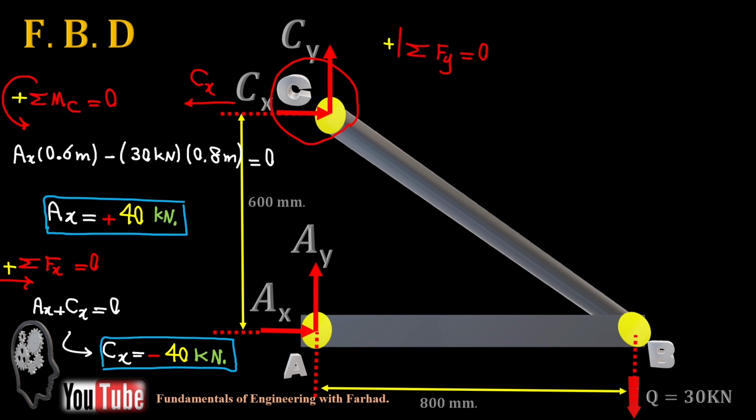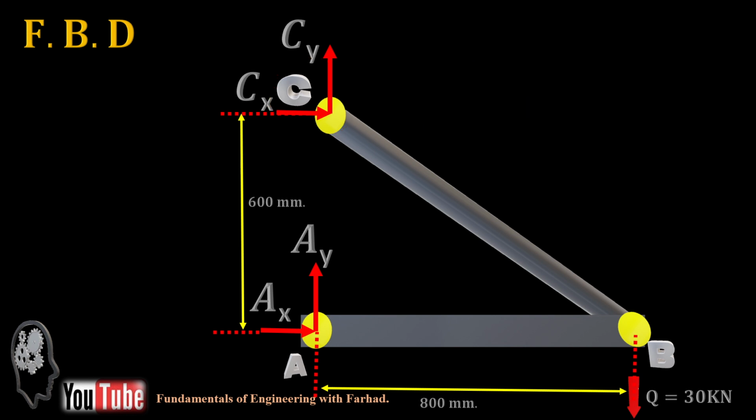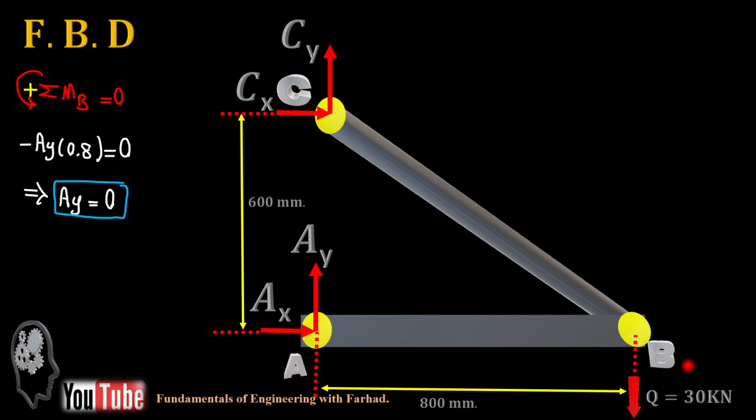Then summation of forces in Y equals 0 just gives us that AY plus CY should cancel out the 30 kilonewton load. And if you take the moment about point B, we are canceling out CX and CY because the force of rod BC goes through point B, so we only have AY applied here, and it says AY is 0.